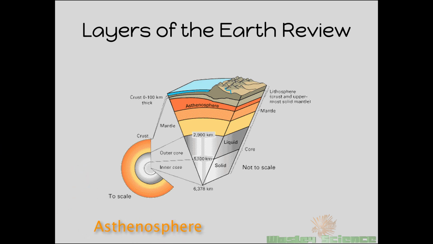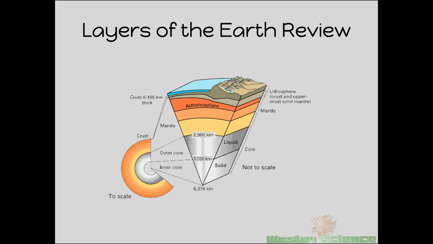It's kind of like a rigid, plasticky mantle material that the crust rides on top of. Think of it like a conveyor belt, like a treadmill. It sort of rides along with the crust as these plates are crashing into each other, subducting underneath each other and splitting apart. That's what the asthenosphere is.